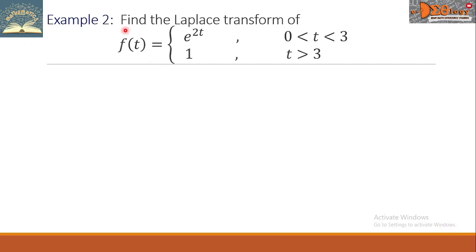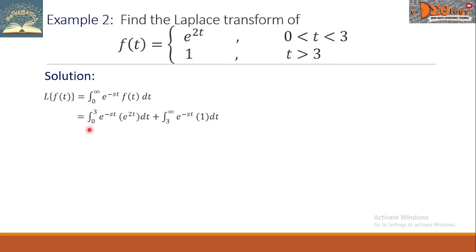Example 2. Find the Laplace transform of f of t is equal to e raised to 2t when t is between 0 and 3, and the function 1 when t is greater than 3. We write the formula for Laplace transform, and then let us evaluate the corresponding functions.